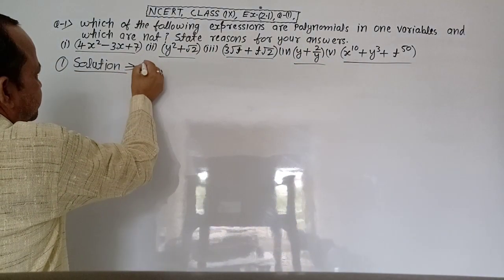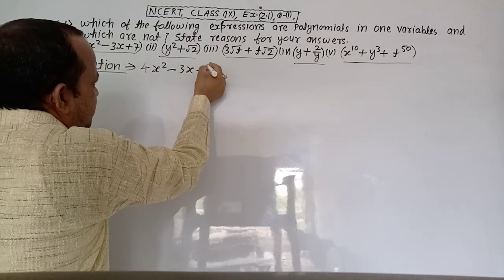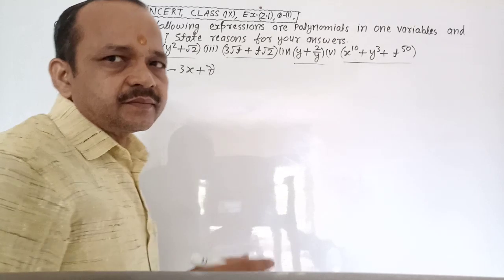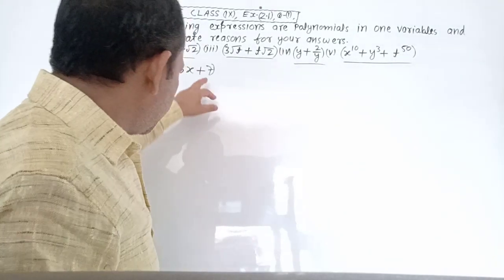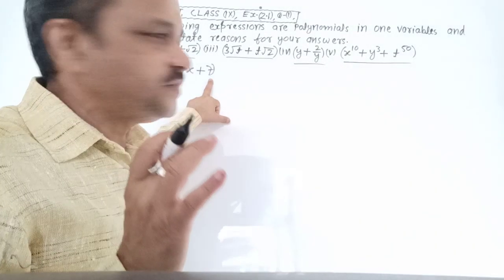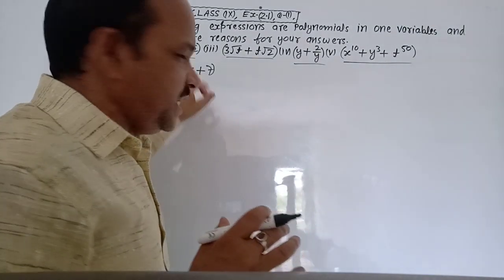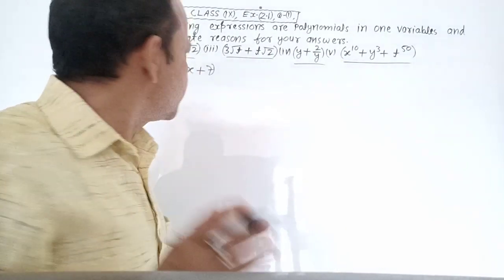First solution, 4x square minus 3x plus 7. It is your expression. Here 7 is a constant. It is clear? The minus and plus signs are its operations.